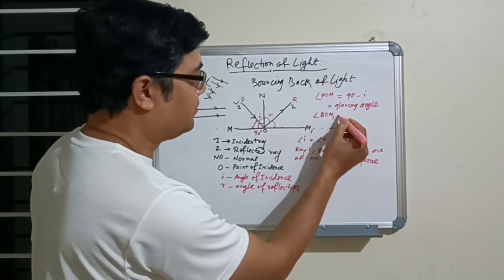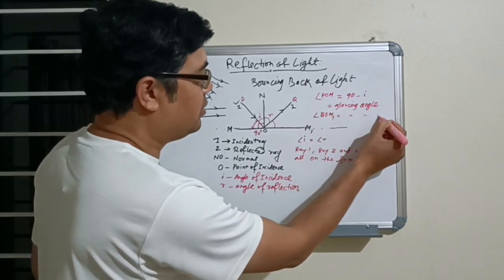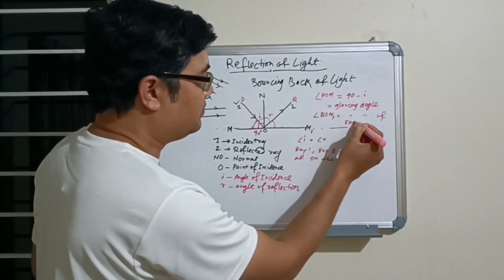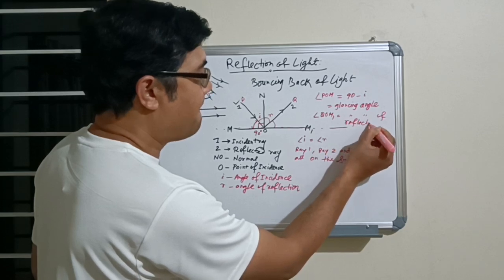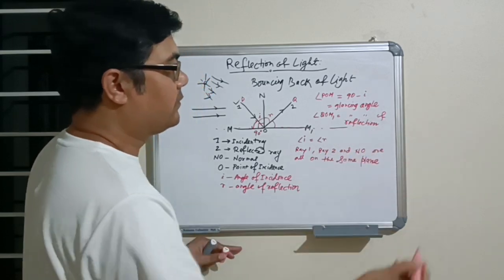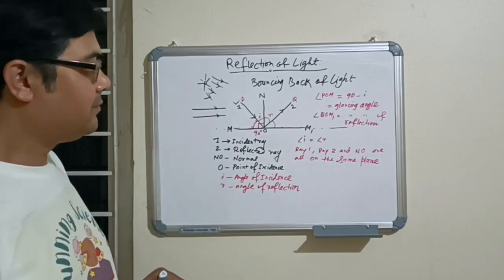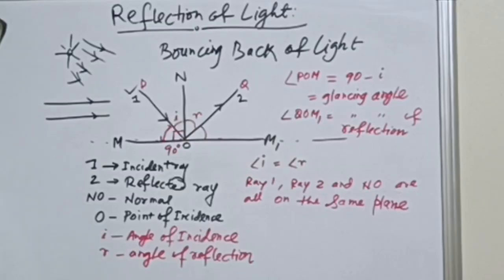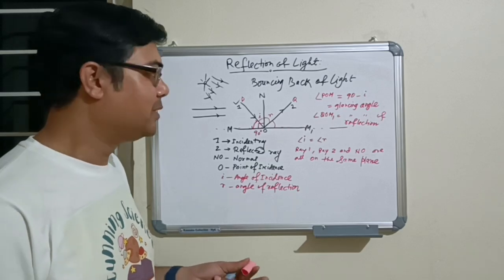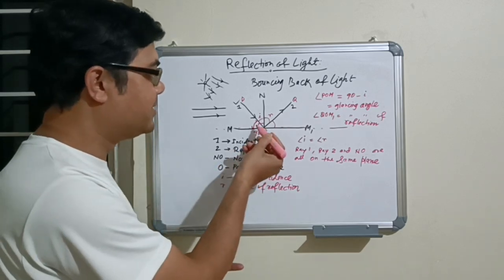Angle QOM1, glancing angle of reflection. Right? Angle POM, glancing angle of incidence. Angle QOM1, glancing angle of reflection. Sometimes some numericals might come: find the glancing angle of incidence.